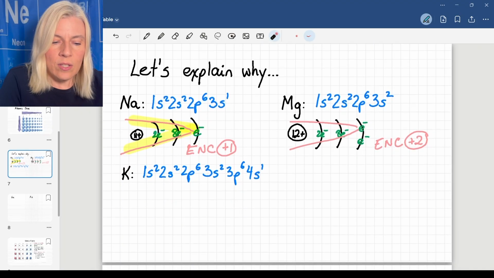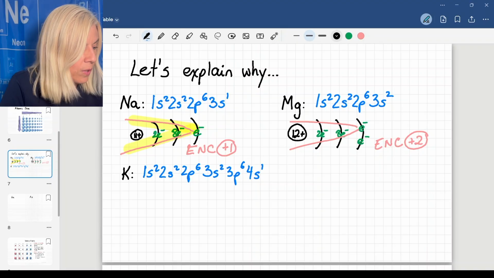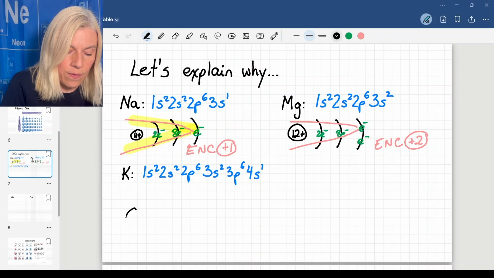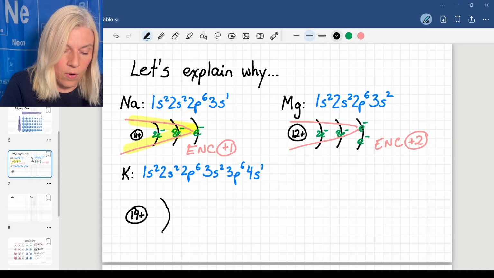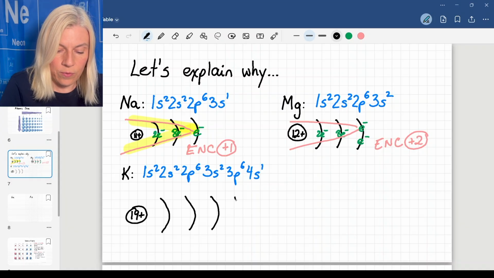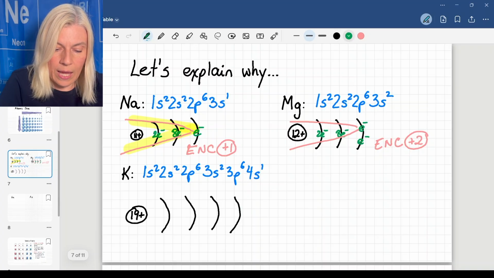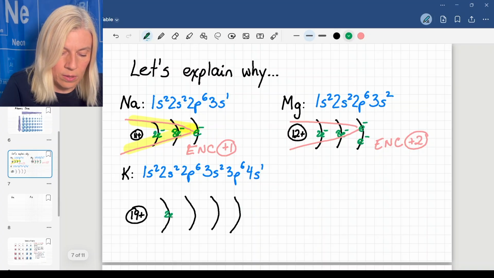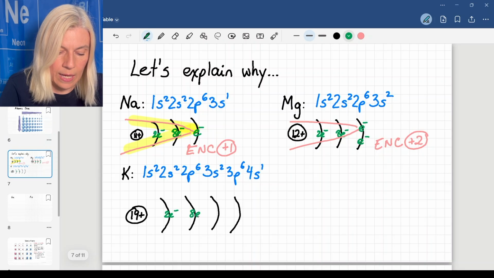All right. So let's go quickly to our potassium. We're going to look here. We have 19 protons. And then I'm going to write 4 energy layers: 1, 2, 3, 4. The first energy layer has 2 electrons. The second one has 8 electrons. The third one has 8 electrons.